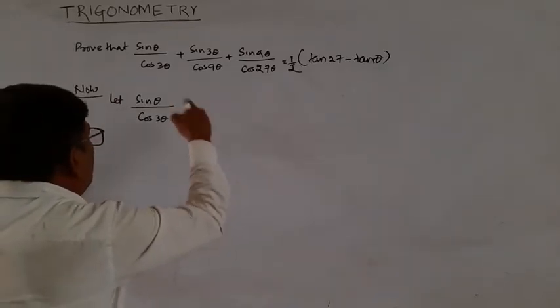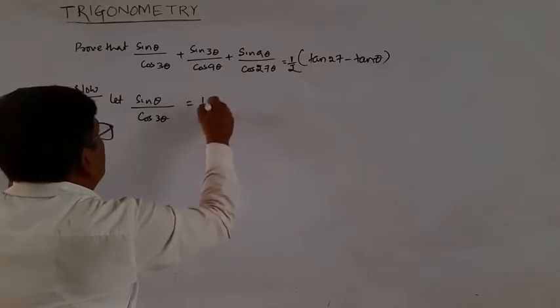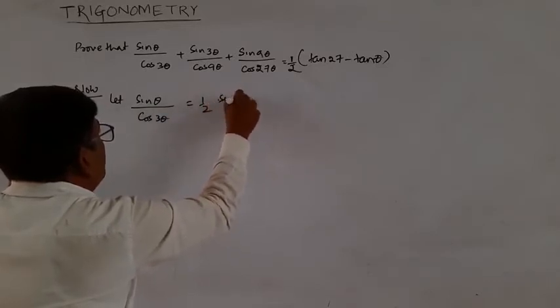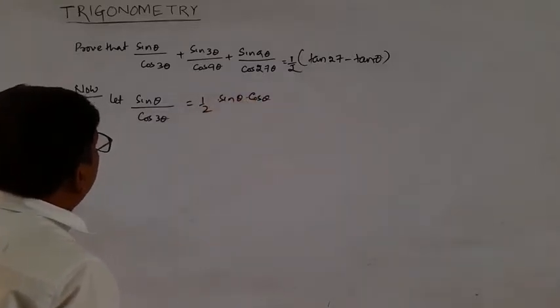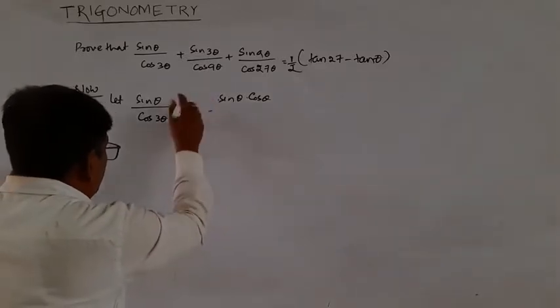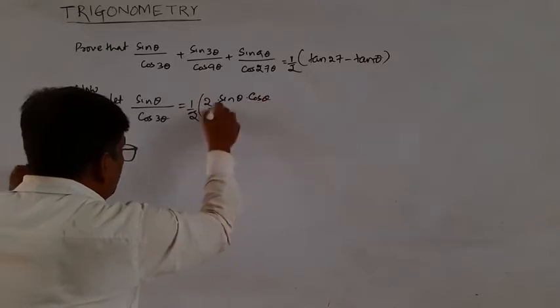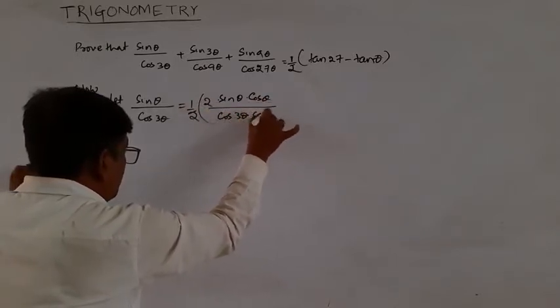This can be written, multiply by sin theta, 1 by 2 cos theta, that is sin theta into cos theta by sin theta into 2 by 2. So 2 sin theta into cos theta by cos 3 theta into cos theta.